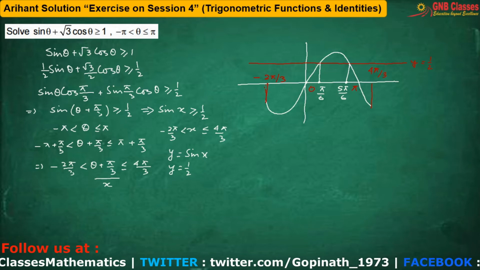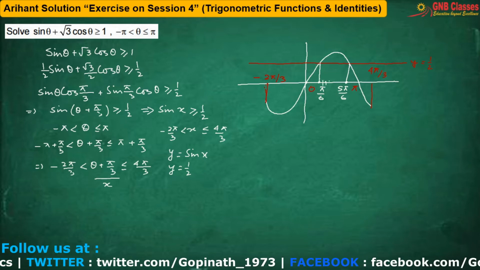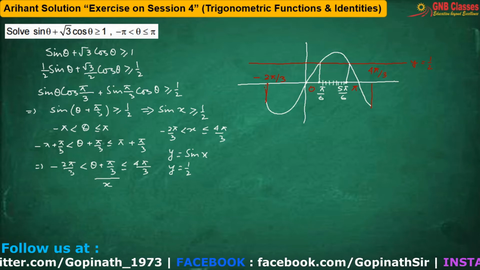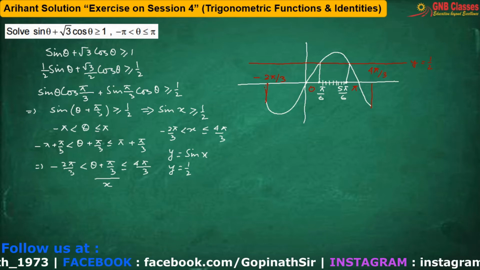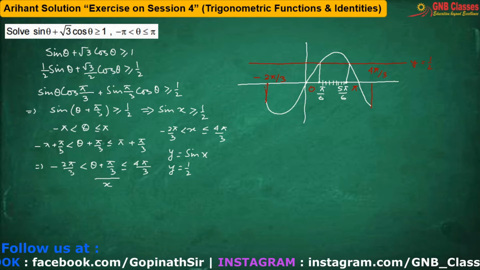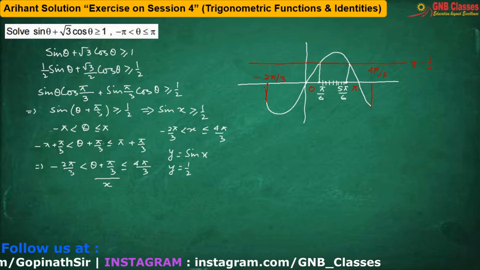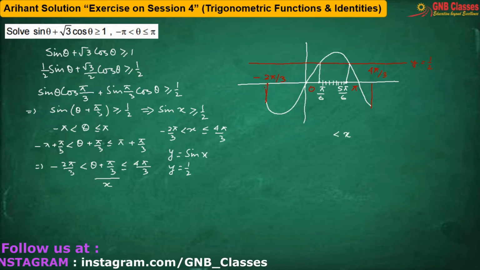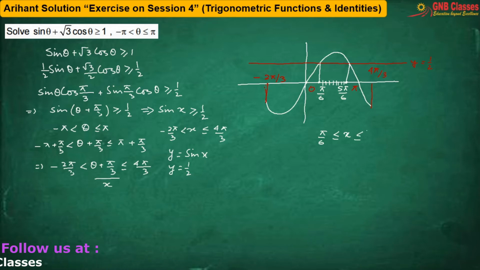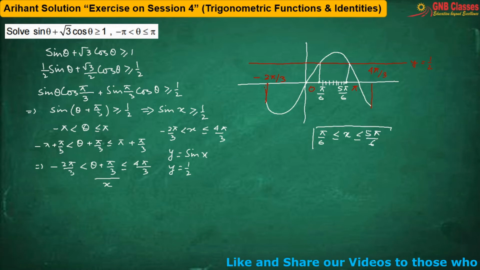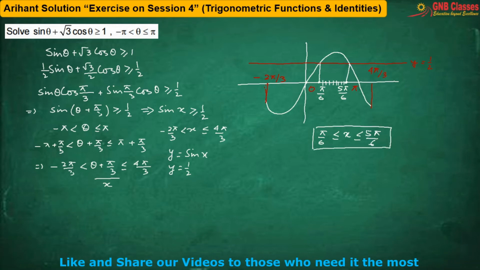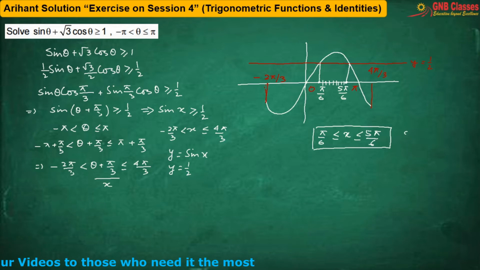Now when x lies anywhere between pi by 6 and 5 pi by 6, the corresponding value of sine x will be greater than half. Therefore, your x is greater than equals to pi by 6, less than equals to 5 pi by 6. Okay? In this region, your sine x will be greater than or equals to half.